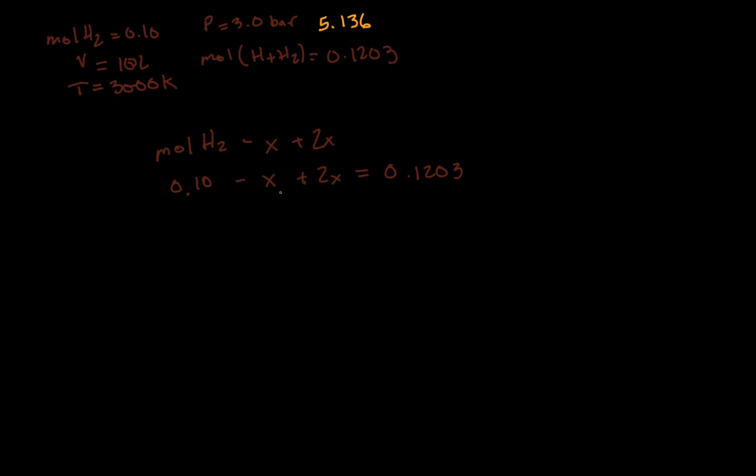0.1203. Minus X plus 2X is just going to give X, so X is equal to the difference of these two numbers, 0.1203 minus 0.10, which means X is equal to 0.0203. Remember, X is the amount of moles of diatomic hydrogen gas being lost, which means the amount of monoatomic hydrogen we're adding is 2X.